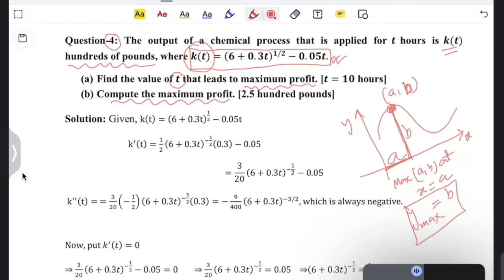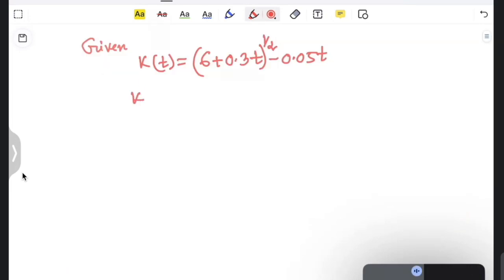Now how can we solve? The procedure is exactly the same. You first need to know the first derivative of k. First derivative, how can we calculate?